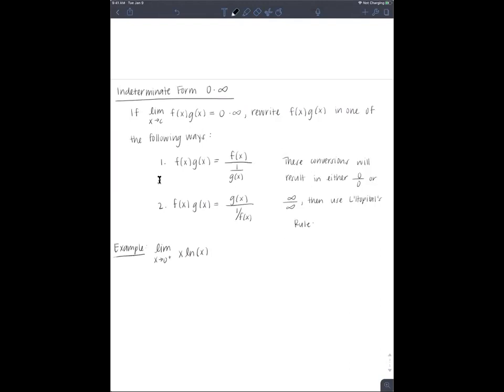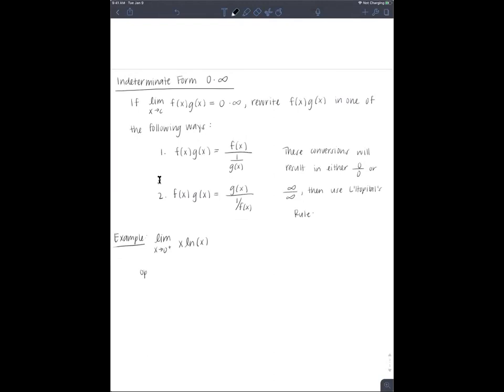Our options here are to either write it as ln of x over 1 over x, or x over 1 over ln of x. When you write both of these out, you have to think about the next piece, which would be using L'Hopital's rule, which means I have to take the derivative of both the top and the bottom.